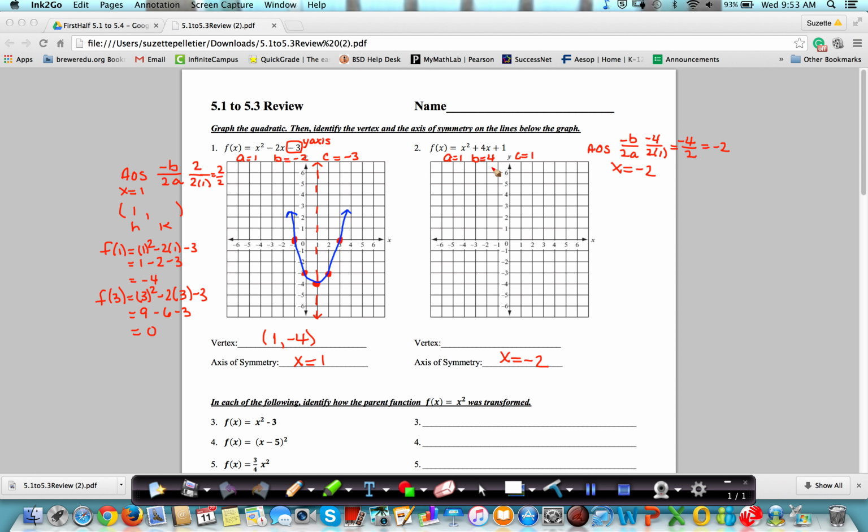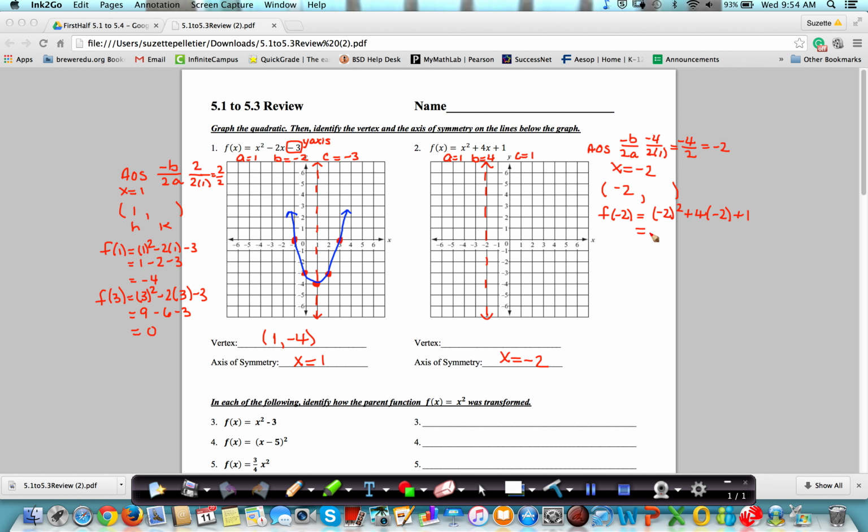Right, so then I'm going to go ahead and graph. Here's my -2. And put your axis of symmetry on your graph. And again, if you know your axis of symmetry is -2, then you know that the first part of your vertex is -2. And if that's the case, you're going to plug it in to find out what the y value is. So -2 squared plus 4 times -2 plus 1.